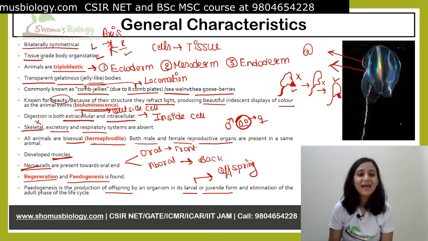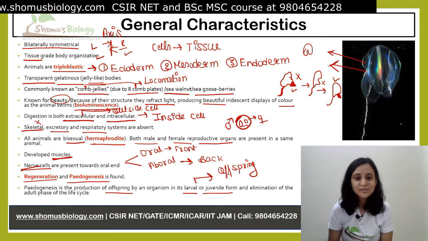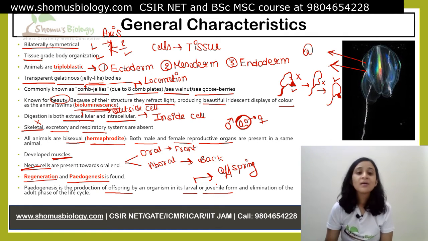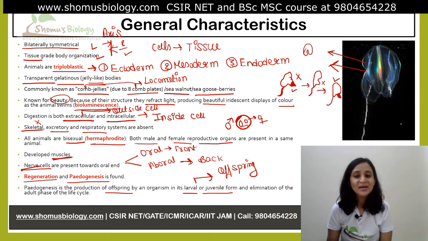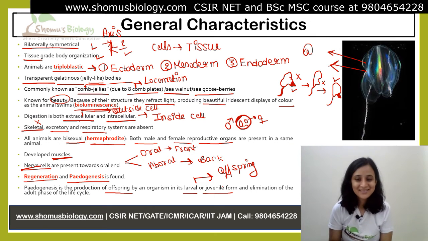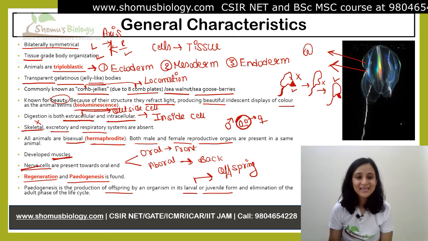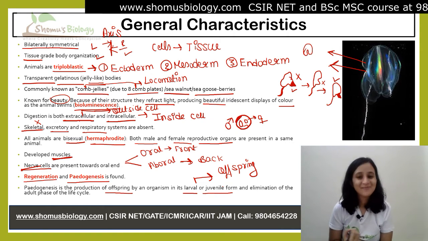Their larva, also called the juvenile form, can generate offspring. So it doesn't require adults to generate offspring. That's why they eliminate the adult phase of the life cycle.